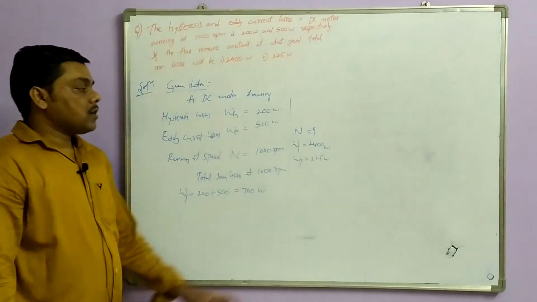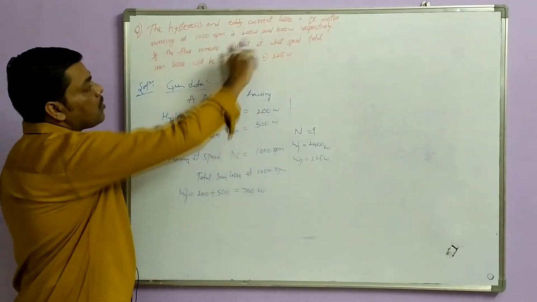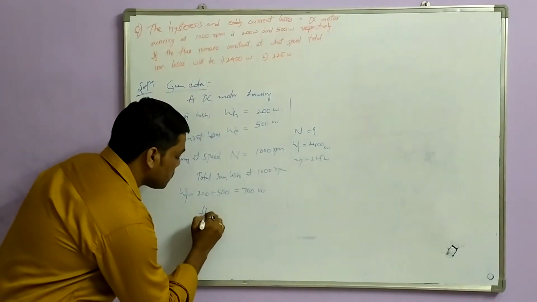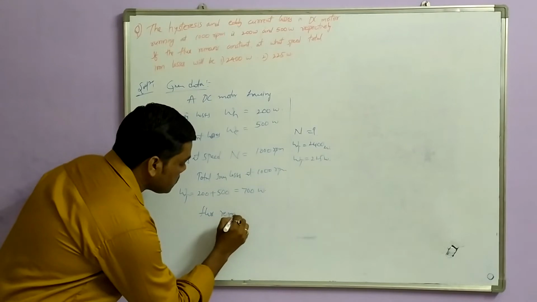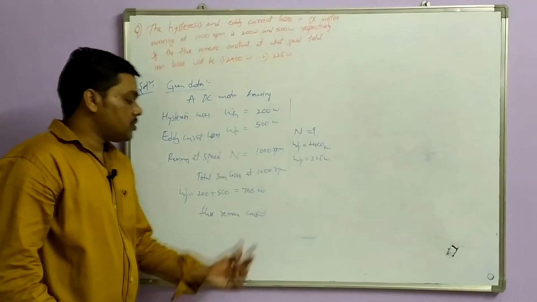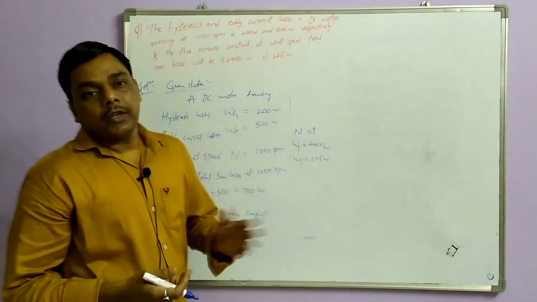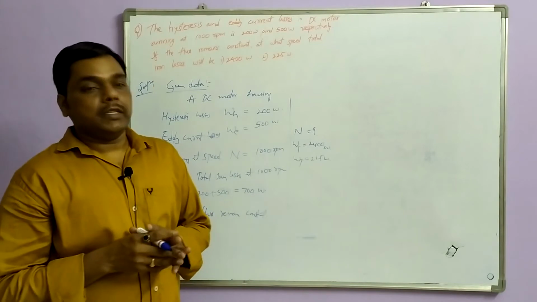Now the corresponding speeds we have to find out. Now this is the data, and one more point is given: flux remains constant. Okay, flux is constant, so immediately the back EMF as well as your speed are going to change.